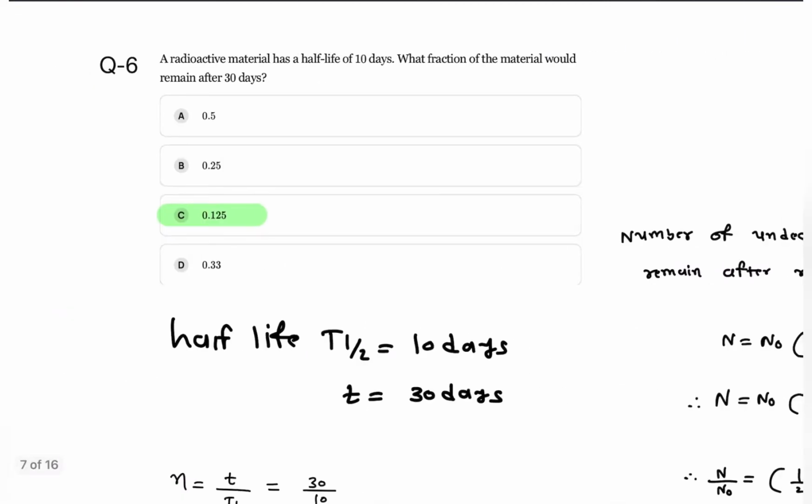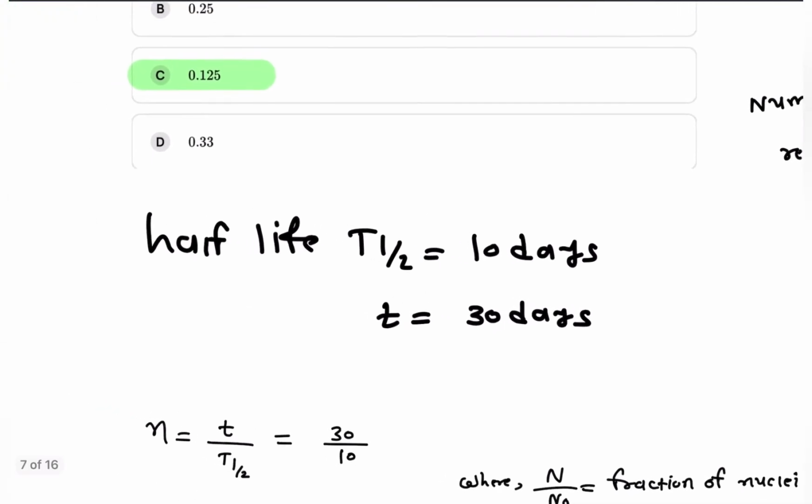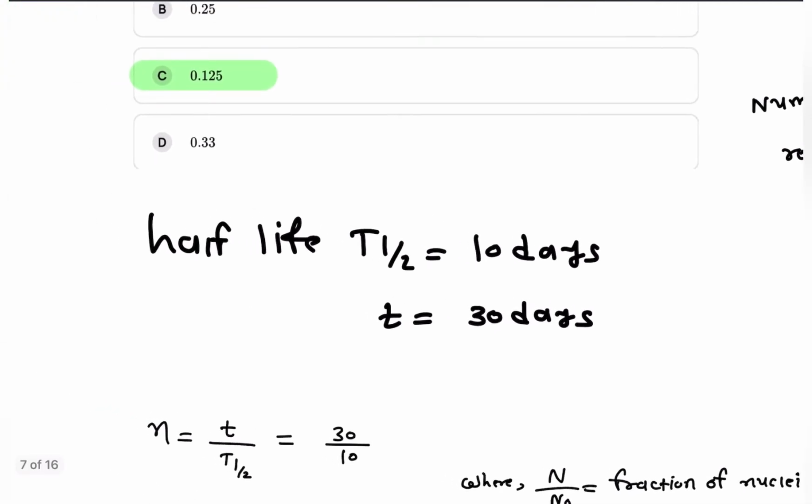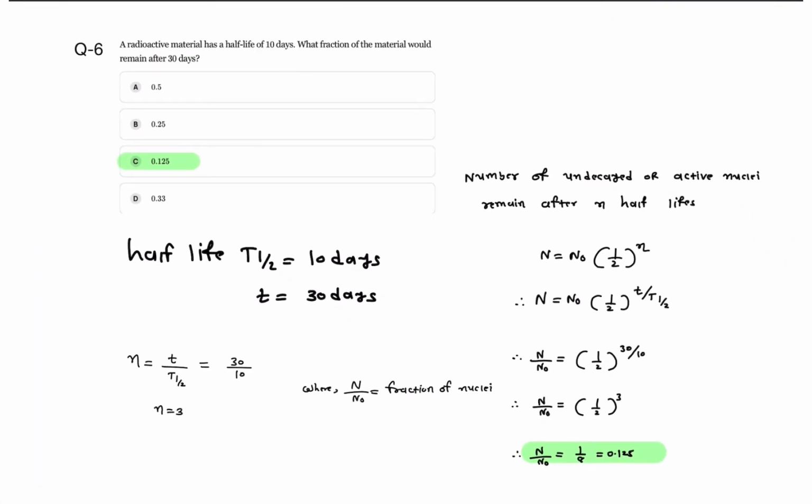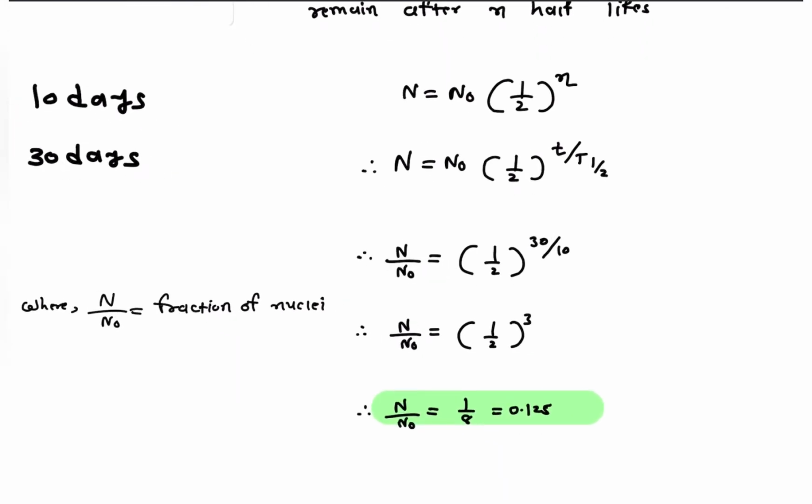Now question number 6. A radioactive material has a half-life T1/2 of 10 days. What fraction of material would remain after 30 days? The half-life T1/2 is given as 10 days, and the time is T equal to 30 days. We have to find the fraction of material that would remain, that means N by N naught.